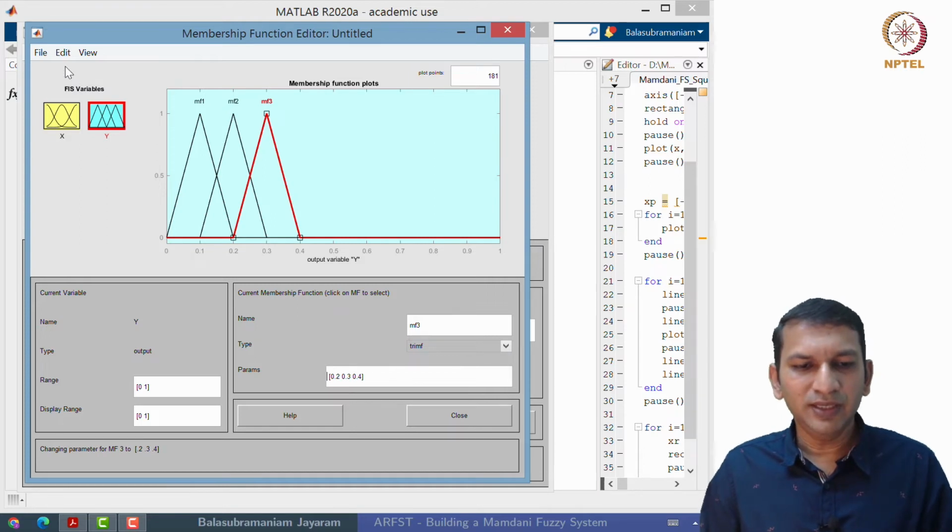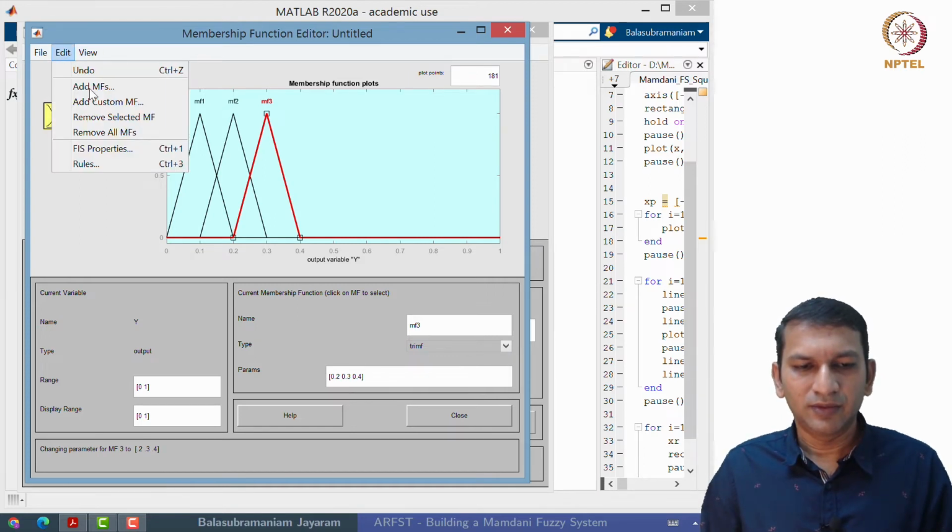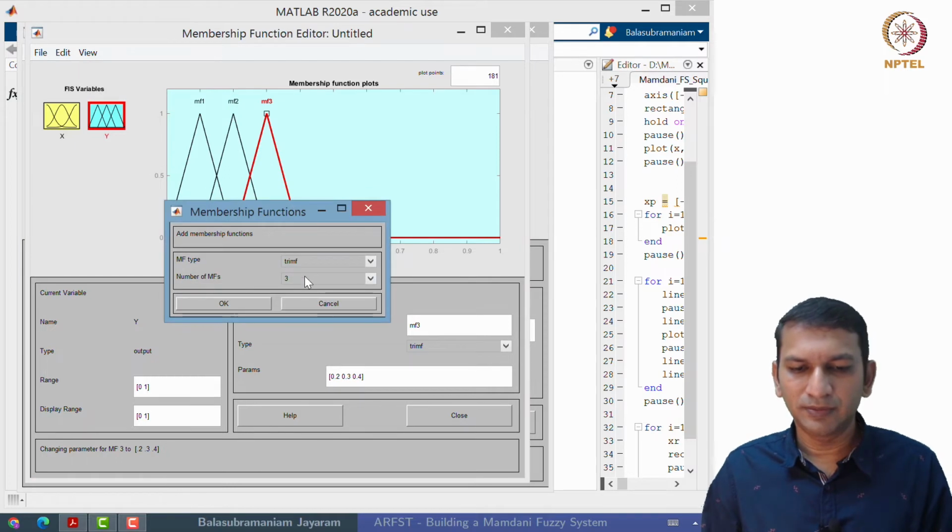So now we have 3. We need to add further membership functions. Once again, we'll add 8 of them and proceed with the same thing.